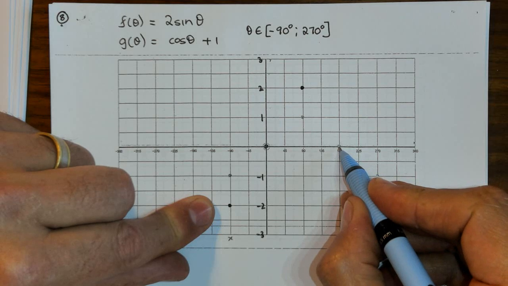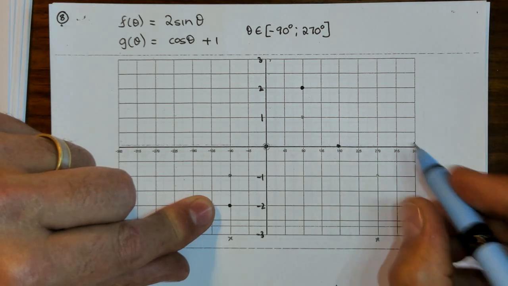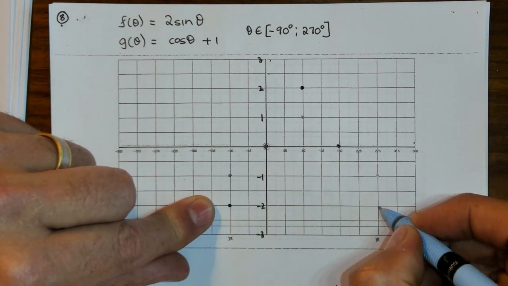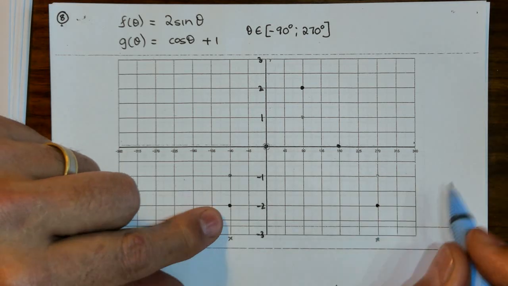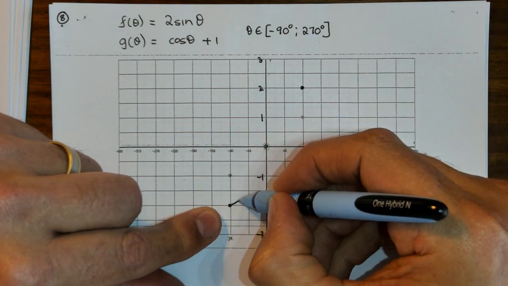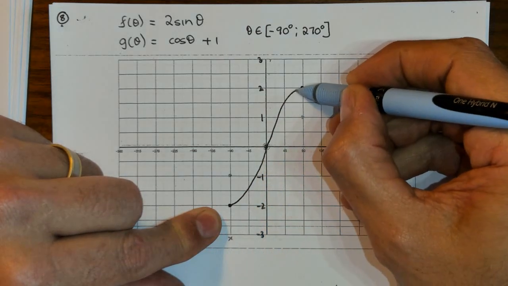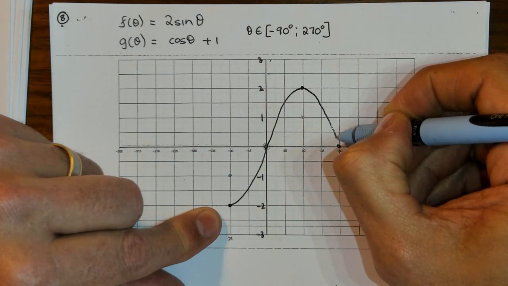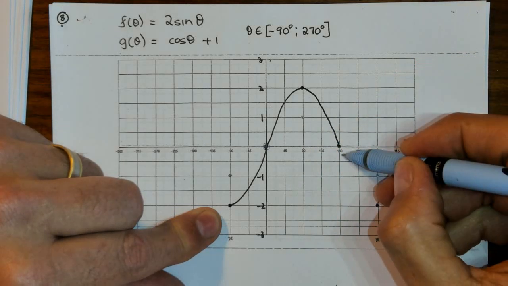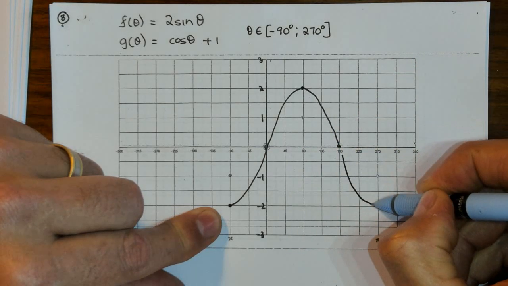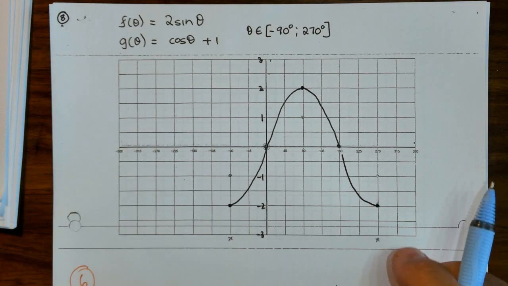Here's a 0 y value times 2 remains at 0, and this is minus 1 times 2, which goes down to minus 2. So curve your hand as you go through those points. No sharp edges, no dents. Sometimes it is a bit difficult, but try and keep your hand as steady as possible.